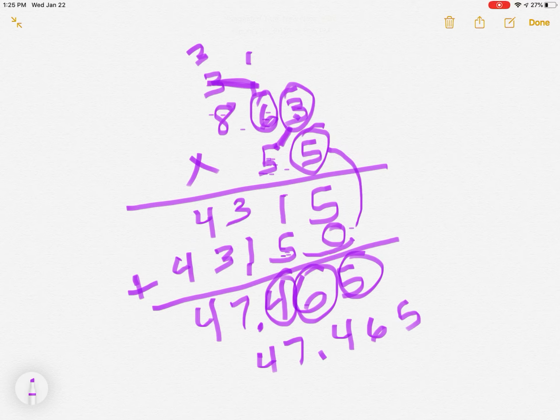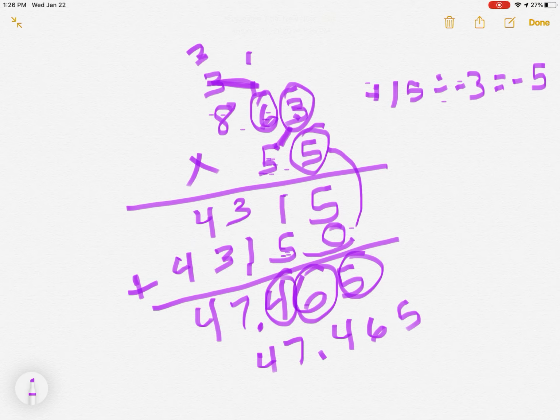All right, let's do just an easy division problem. How about minus 15 divided by 3, and that answer is going to be a negative because it's a negative and a positive, so it's going to be minus 5. 15 divided by 3 is 5.